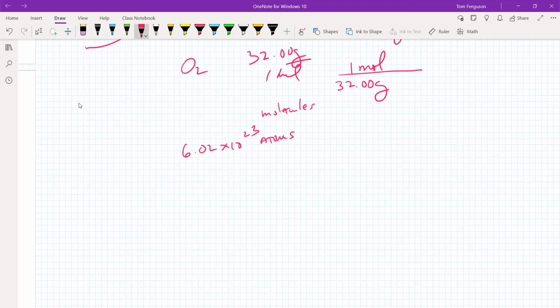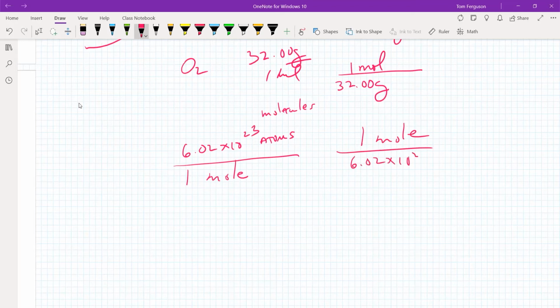So 6.02 times 10 to the 23rd per mole. When I say atoms, I also mean molecules. But remember, it's a unit. It's counting how many. Whenever I ask you questions, how many atoms, how many molecules, how many whatever, I want you to think Avogadro's number.